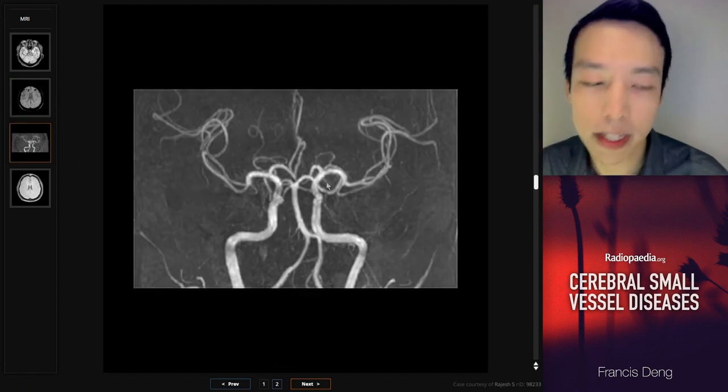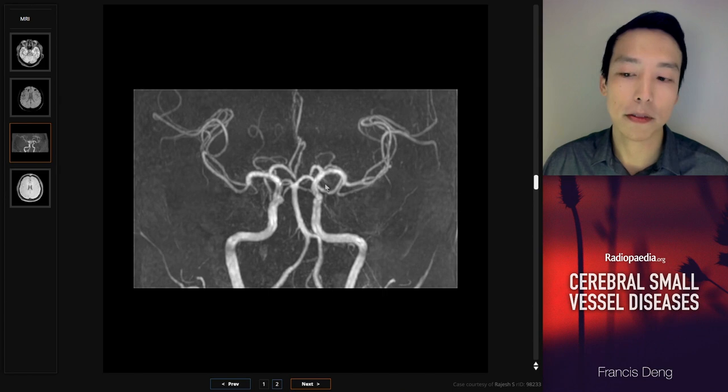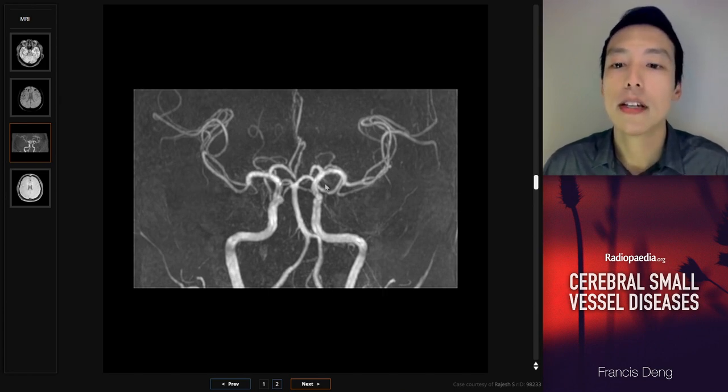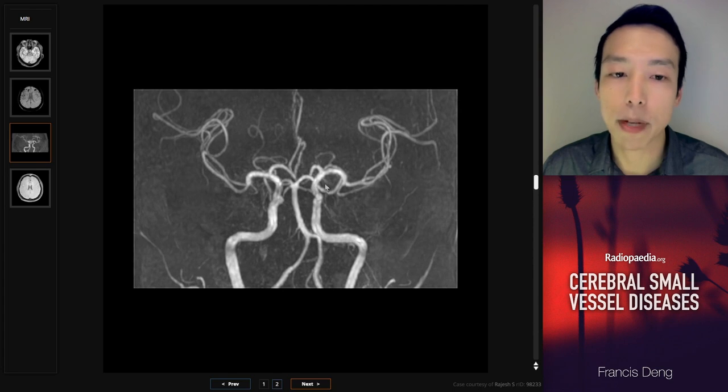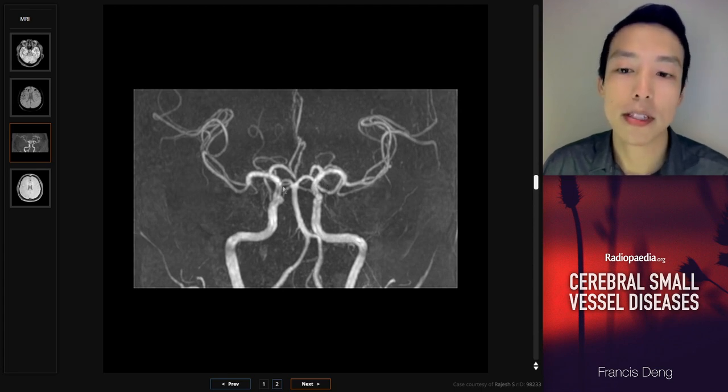MRA was performed, which did not reveal any abnormality of the visible vessels, but remember that small vessels are not visible by MRA, so a normal MRA does not exclude small vessel disease.